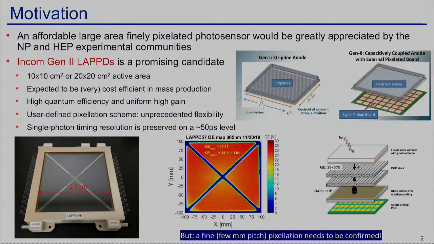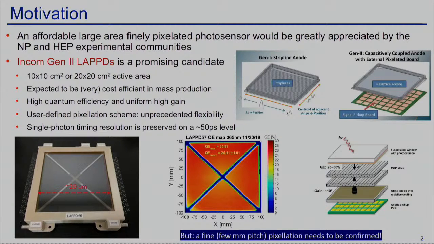The game changer here, of course, is that you are not obliged to use this particular pixelated board, so you can use whatever board you want to design. None of these 2 varieties is directly usable for imaging Cherenkov detectors, so by modifying this readout plane, one can hope to come up with something which has appropriate pixelation.